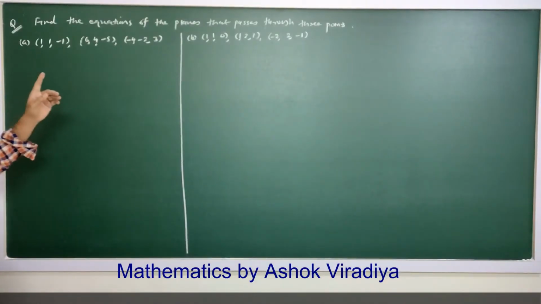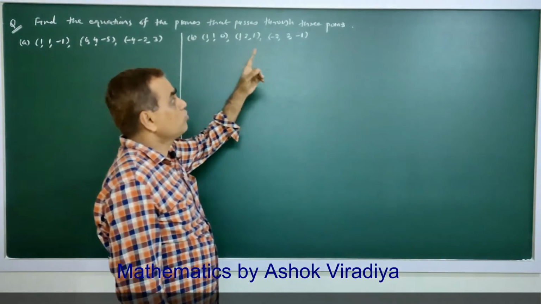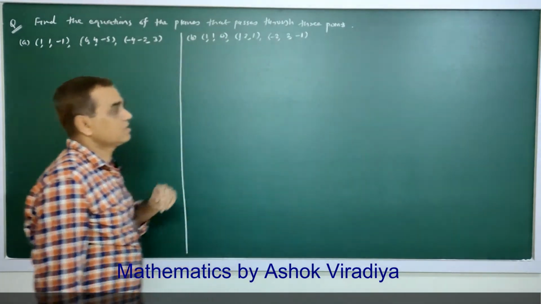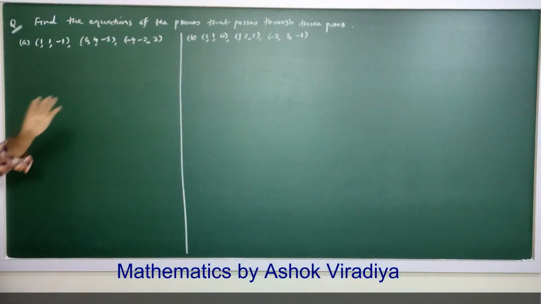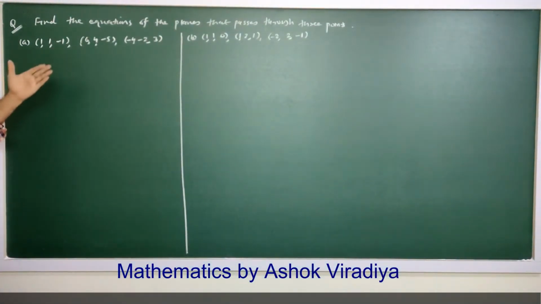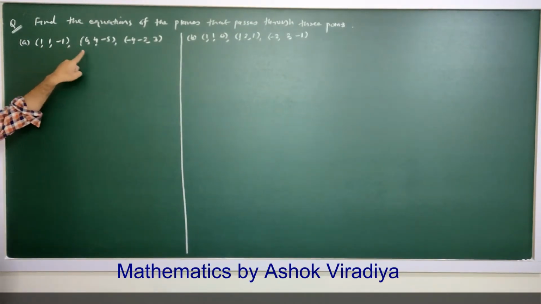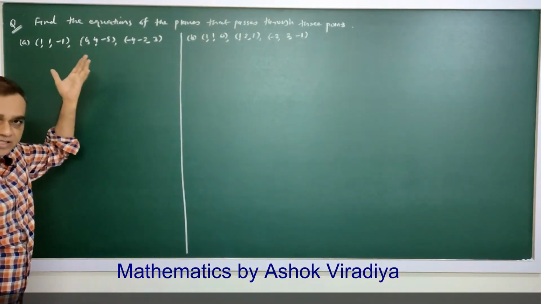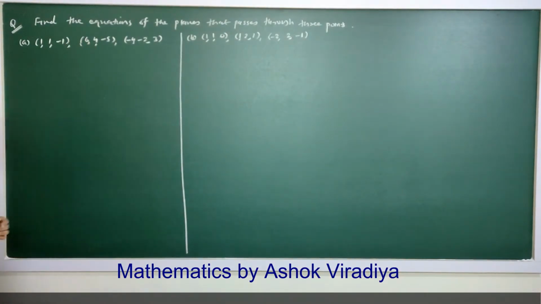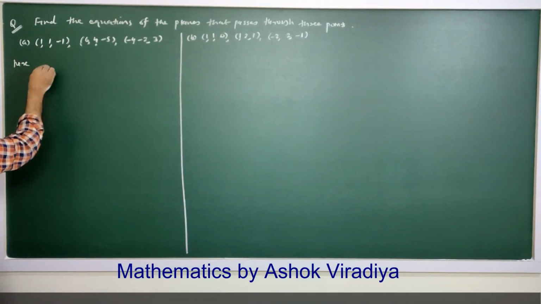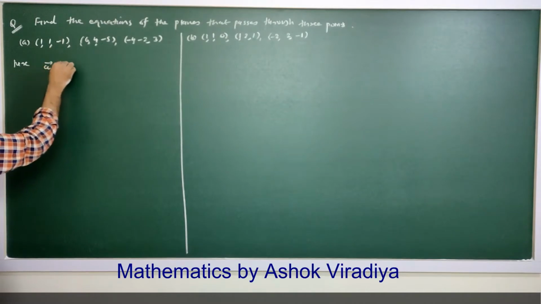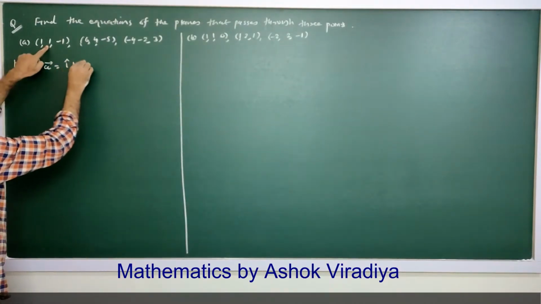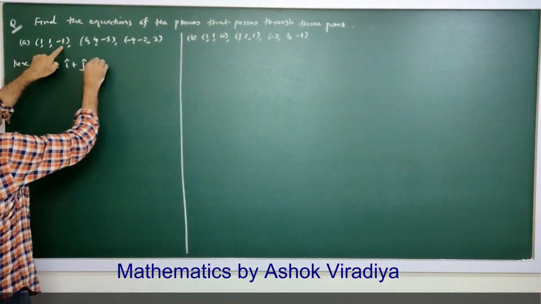Find the equations of the planes that pass through 3 points. Here there are two questions. First of all, we check a plane passing through these 3 points. See, coordinates of points in space are given. These are 3 points in the space. So let me take the position vector of this point. Position vector of this point is vector A. It will be 1i plus 1j minus 1k.